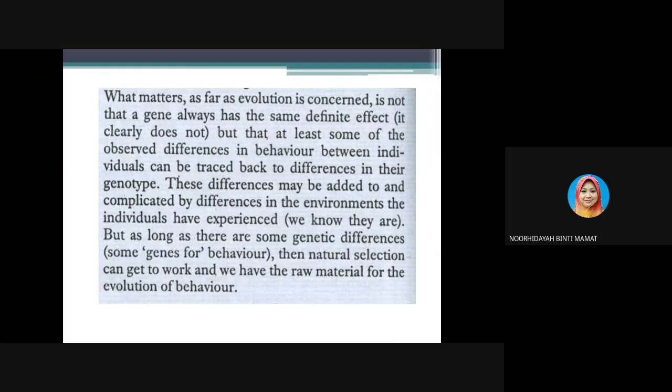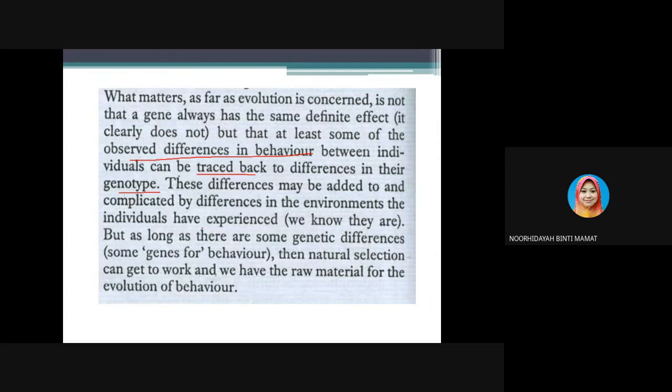But at least some of the observed differences in behavior, for example just now we observed how the bird carries strips to build a nest, or the mating speeds of individuals, between individuals can be traced back to differences in their genotype, and these differences may be complicated by differences in the environments the individuals have experienced.